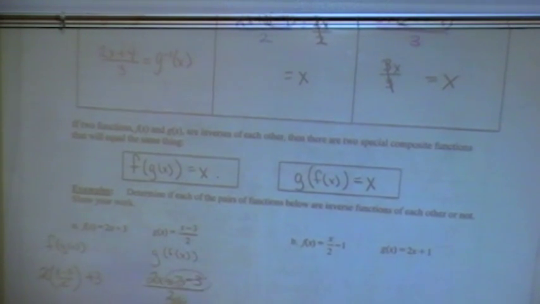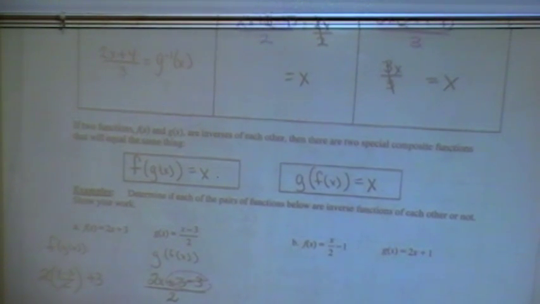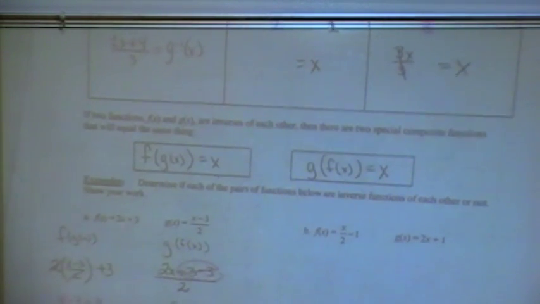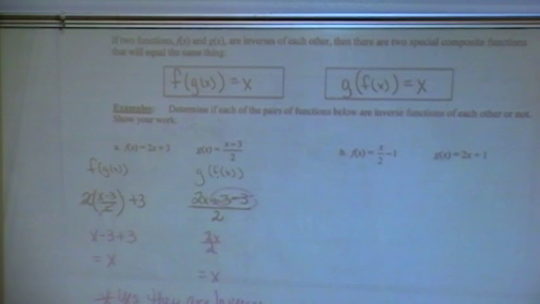That one works too. So yes, these two are inverses. Everybody okay? Now y'all do this one.